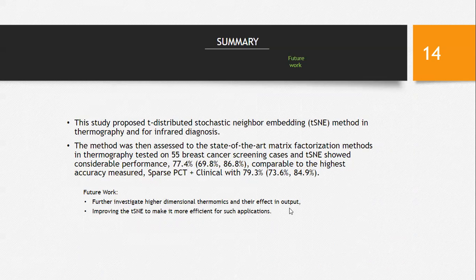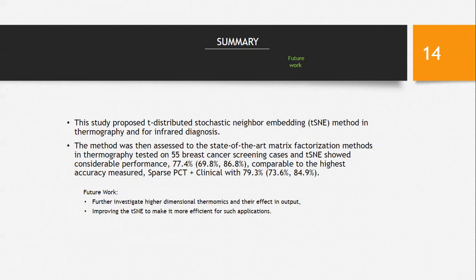So in summary, our proposed method of the t-distributed stochastic neighbor embedding, or tSNE method, showed great promise in a high accuracy of detecting an abnormality in the heterogeneous thermal pattern.